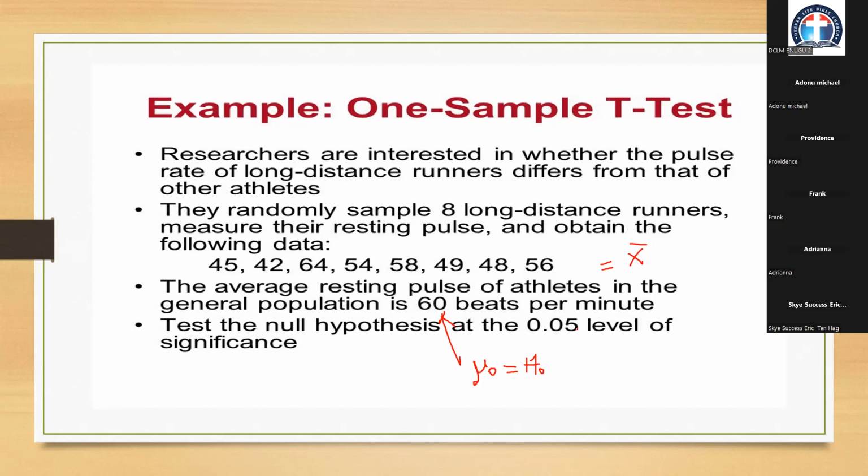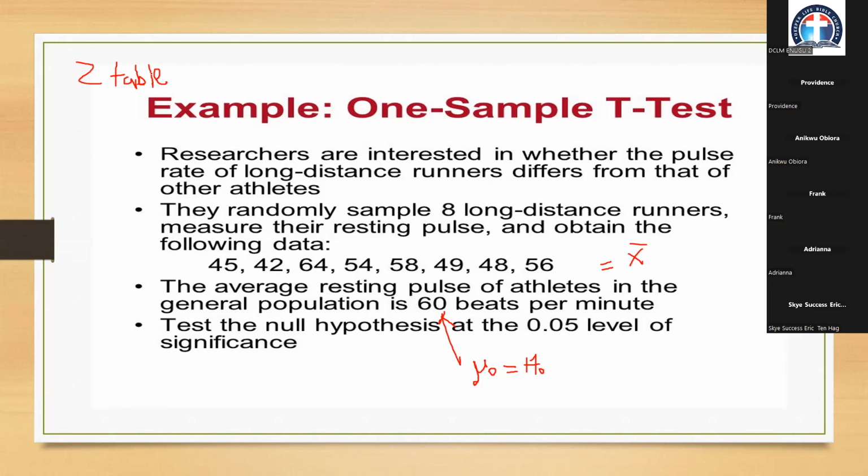Now, I taught you that there's what you call the Z table. I hope you still remember there's the Z table where we're going to check. Are you with me? Yes, sir, we are with you. Okay.